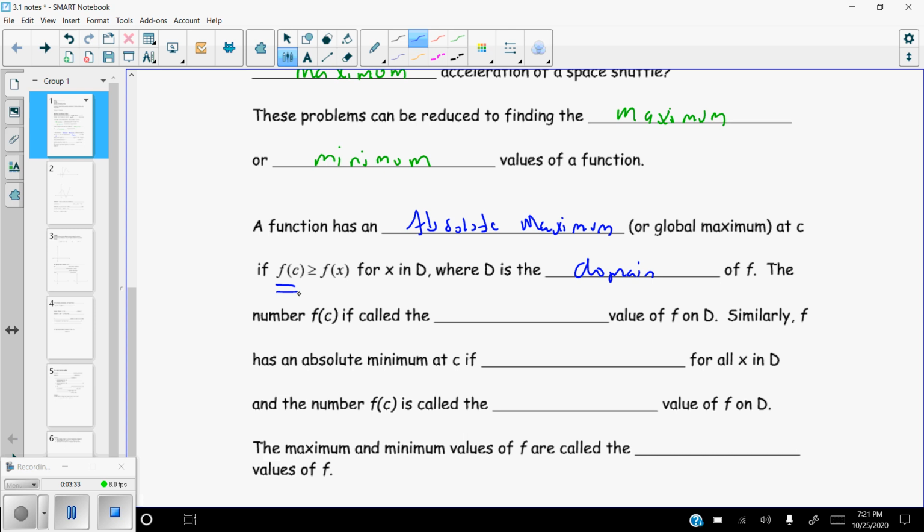That should make sense. If your y value is greater than or equal to every other possible y value on the function, it will be the absolute maximum value of the function. It's going to be the highest possible point on the function.